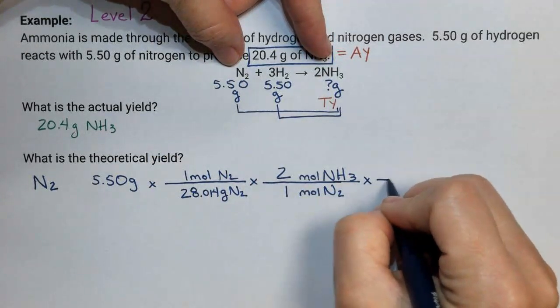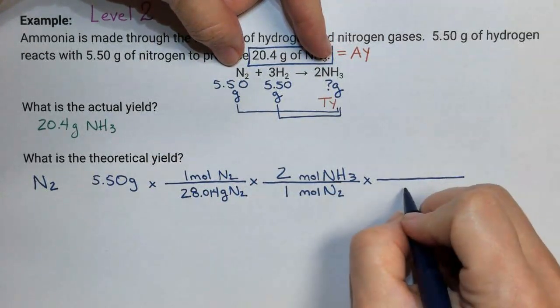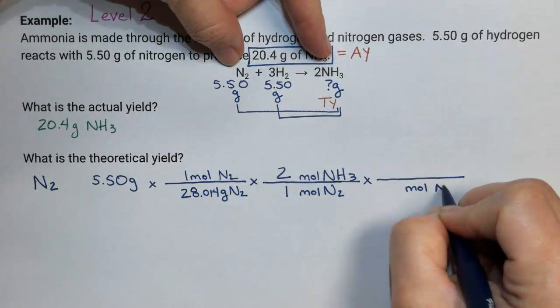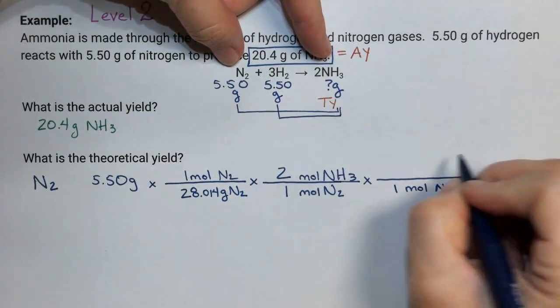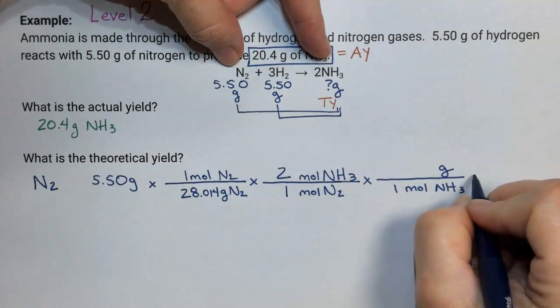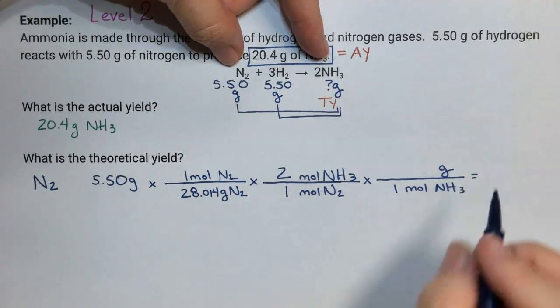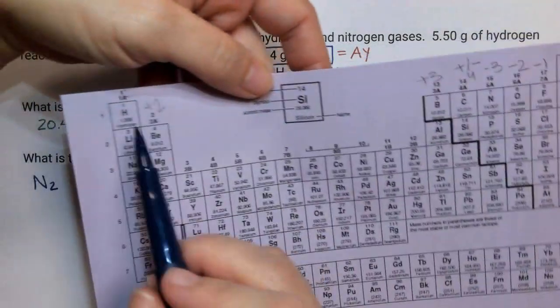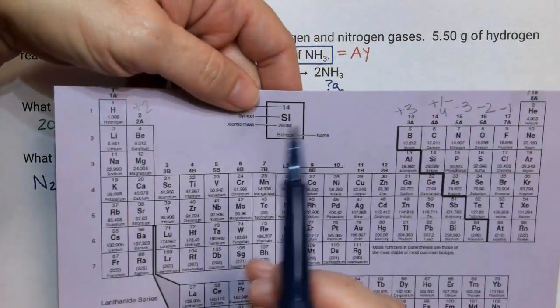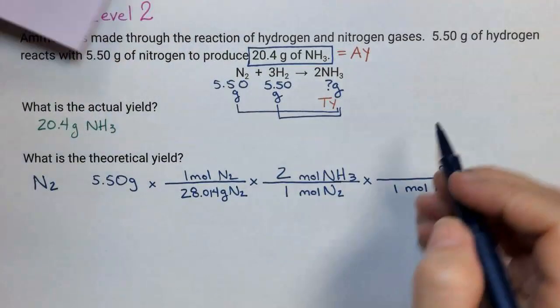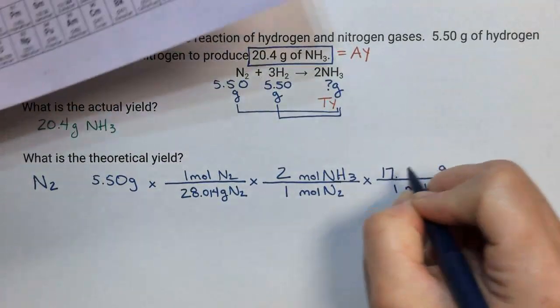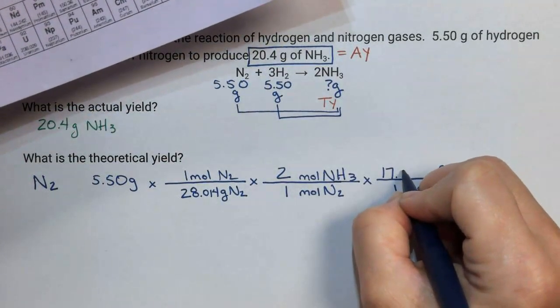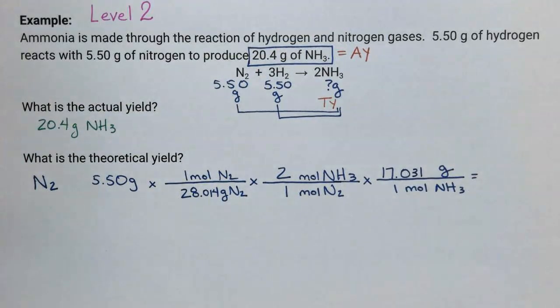And then times, draw a line. I'm going to do one more step. Bring down moles of ammonia. 1 mole is equal to the grams from the periodic table. I'm going to add up nitrogen plus hydrogen times 3, and that's going to give me 17.031 grams.